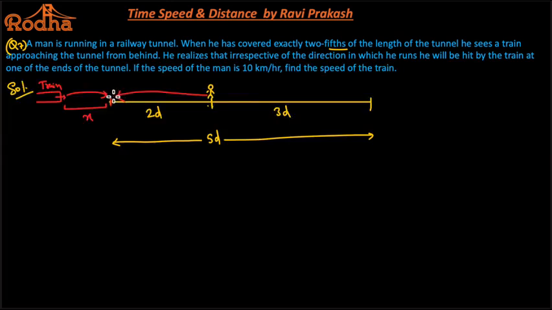So if he's running in this direction, that means in the time when the train has covered x, the person has covered 2d, है ना? जितने टाइम में ट्रेन ने ये x कवर कर लिया, the person has covered a distance of 2d and they both will collide at this point. ठीक है ना? यहाँ पे collide कर जाएंगे. तो the point I can take out here is कि when the train covers x, the person covers 2d. तो जब ट्रेन x कवर कर रहा है, person 2d कवर कर रहा है. ठीक है?